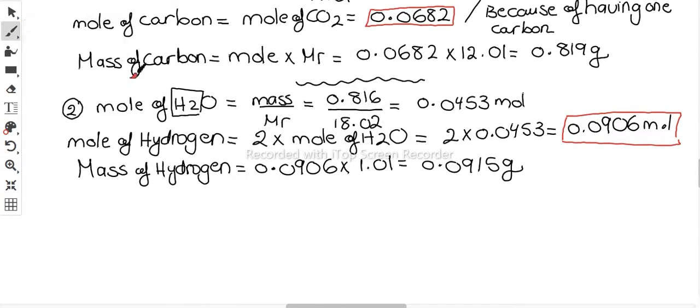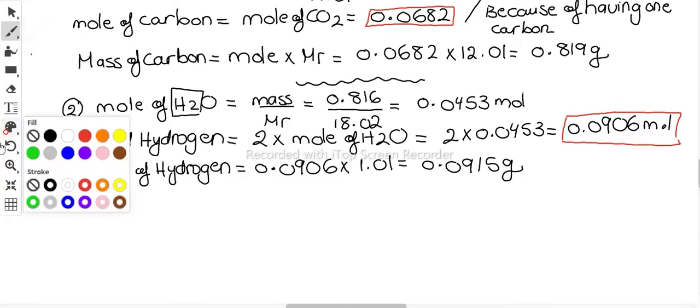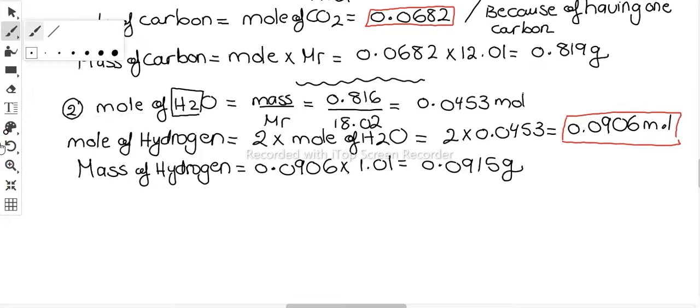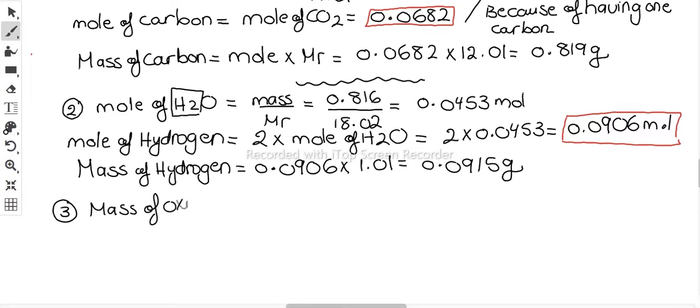So for the third step, number 3, I need to calculate the mass of oxygen presented inside my vitamin C. So 3, I have mass of oxygen presented. I need to remember that the total mass of my vitamin C is 2 grams.